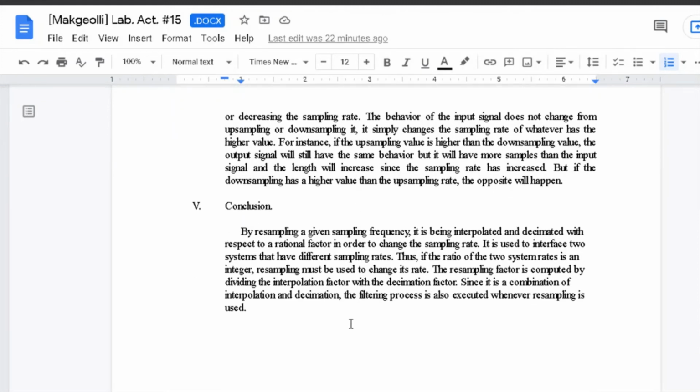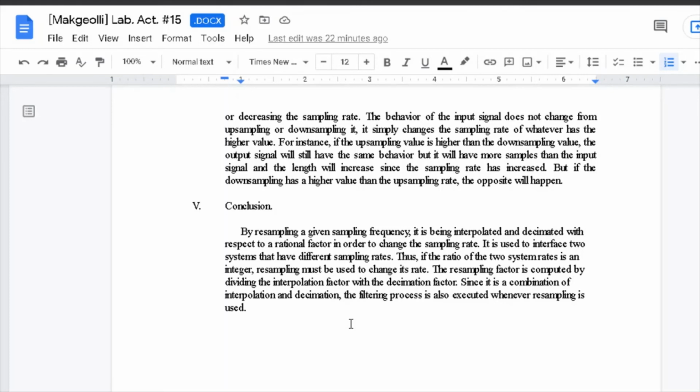For our conclusion, by resampling a given sampling frequency, it is being interpolated and decimated with respect to a rational factor in order to change the sampling rate. It is used to interface two systems that have different sampling rates. Thus, if the ratio of the two system rates is an integer, resampling must be used to change its rate.